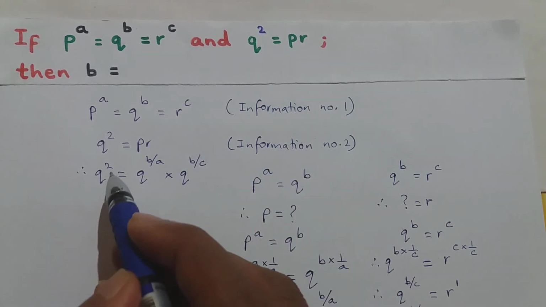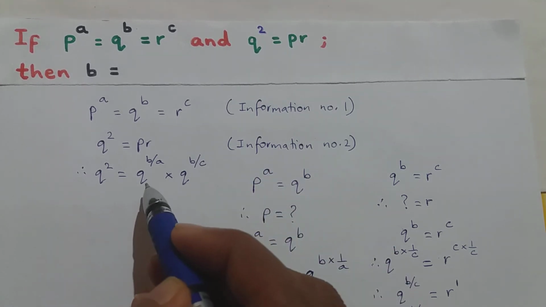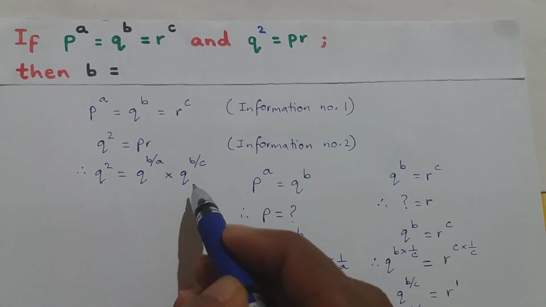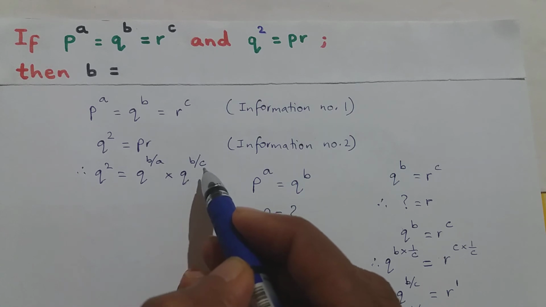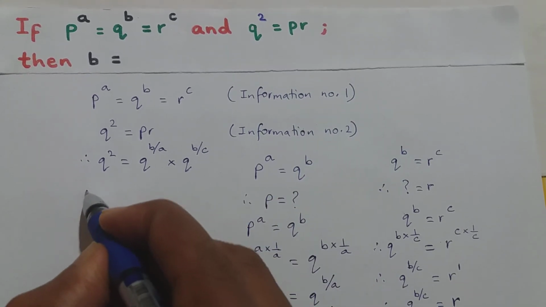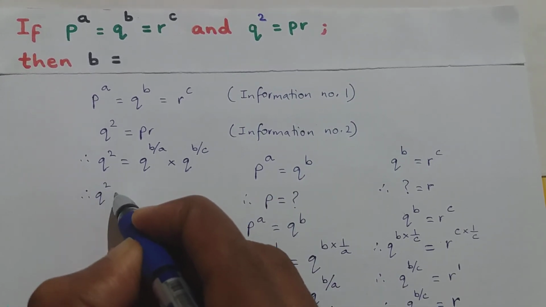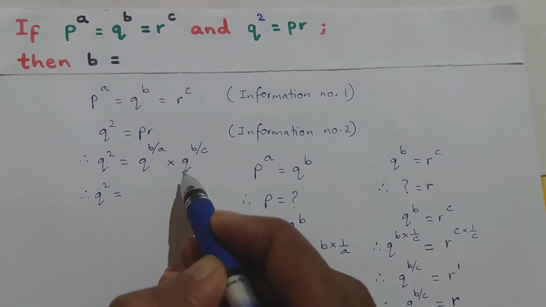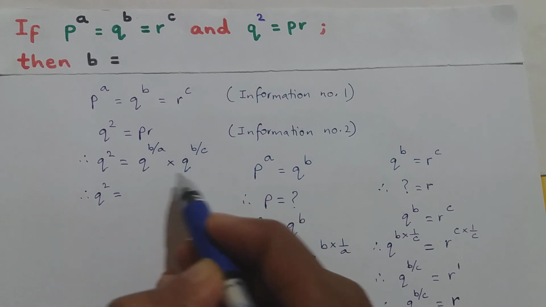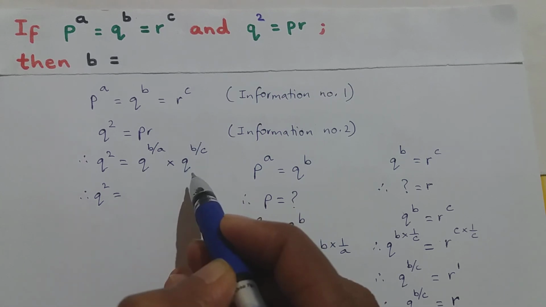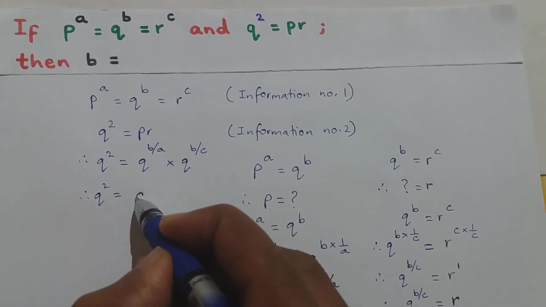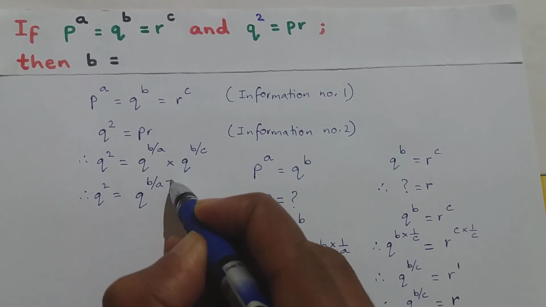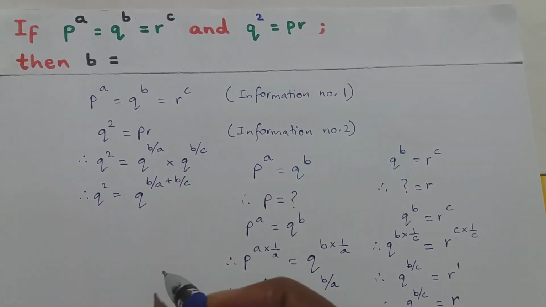So it becomes q square is equal to q to the power b by a into q to the power b by c. Using the properties of exponent, I can write q to the power b by a into q to the power b by c as q to the power b by a plus b by c.